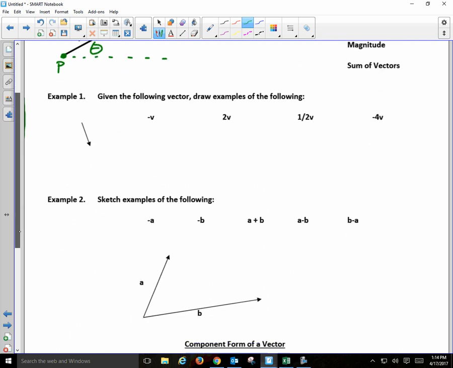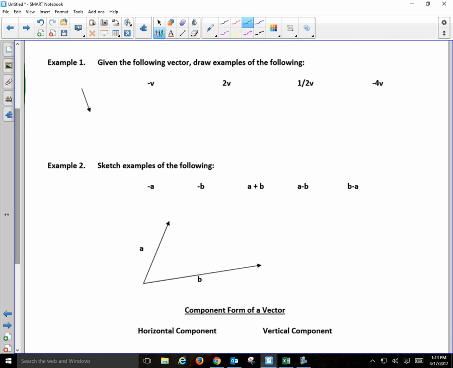So let's look at some raw examples of vectors. If this is vector v, for example, and I want to draw negative v, I have the same initial point, but I head off in the opposite direction. Two v would be a vector in the same direction, but twice the length.